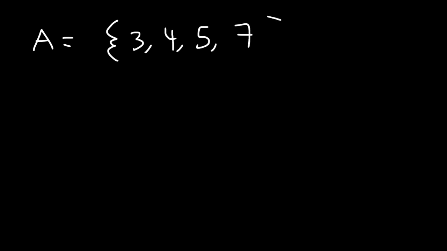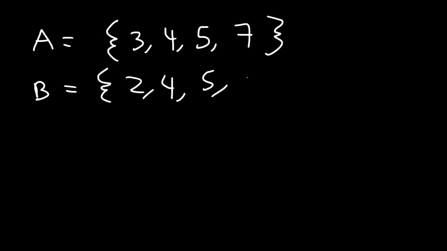Now, here's a question for you. Let's say if set A contains the numbers 3, 4, 5, and 7, and set B contains the numbers 2, 4, 5, and 8.